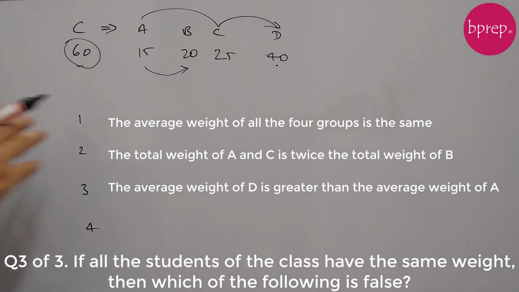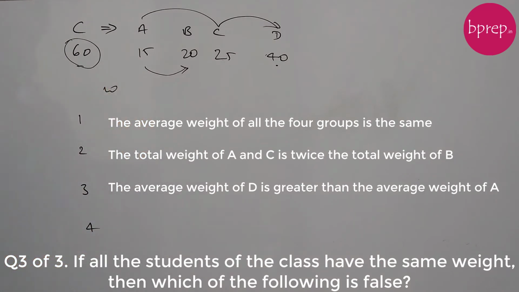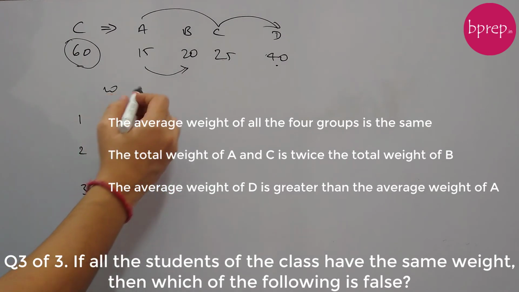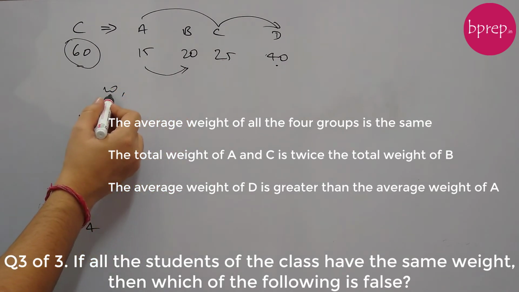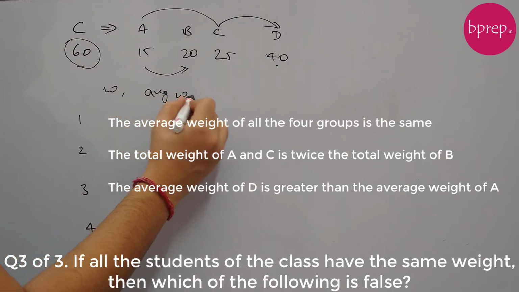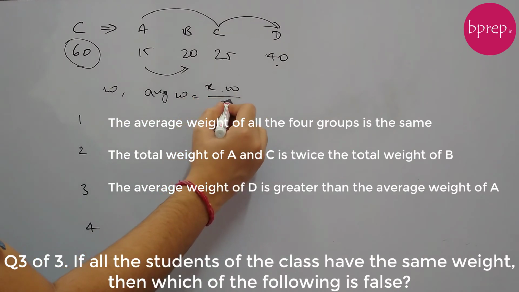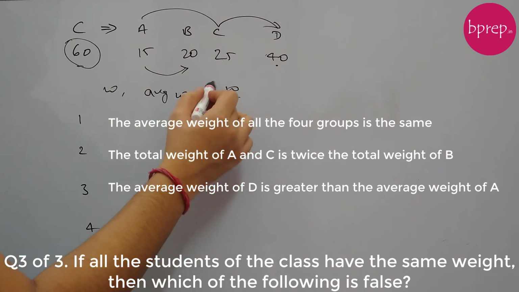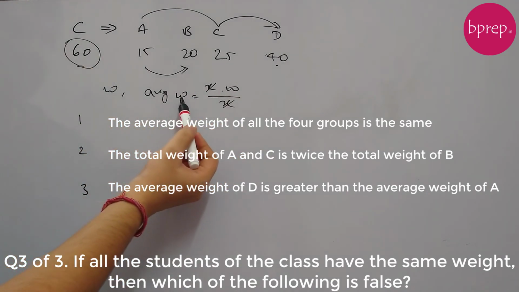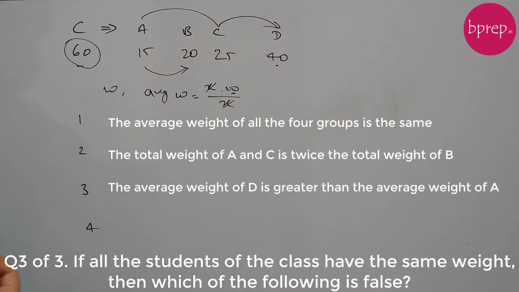Let's say the weight of every student is W. In a particular group, if there are X students, the average weight will be X into W by X, where W is the weight of an individual, which is the same. So X will get cancelled. From here we see that if the weight of every student is the same, then the average weight will also be the same, equal to W, the individual weight.